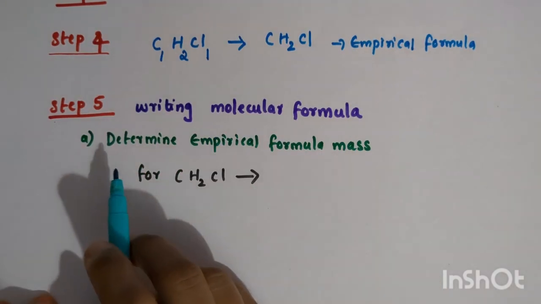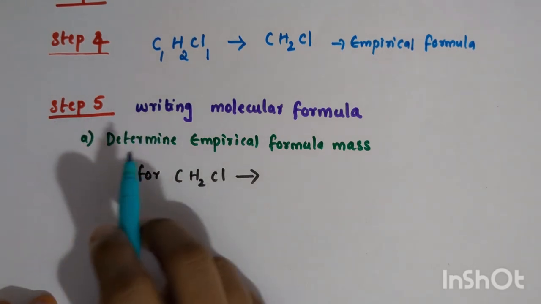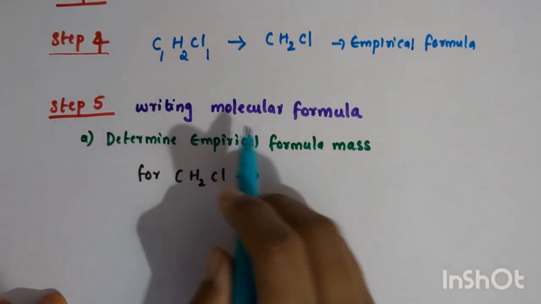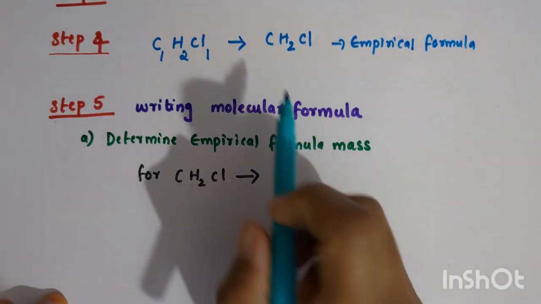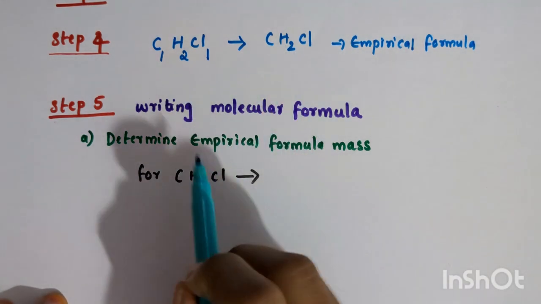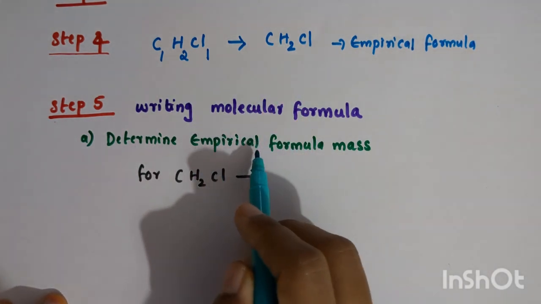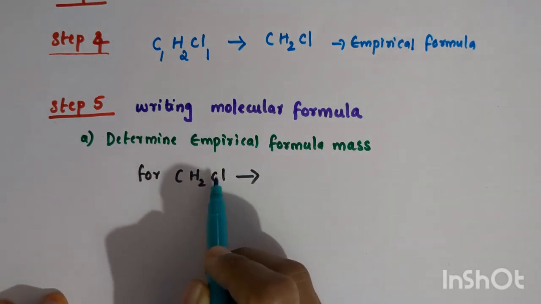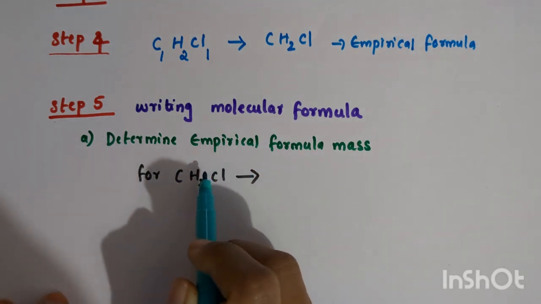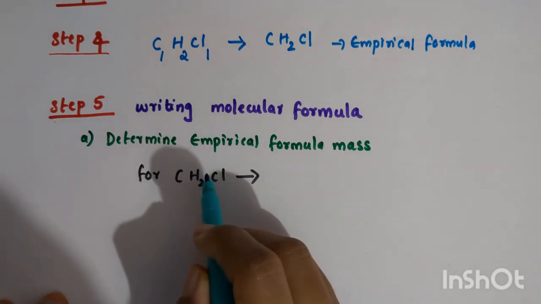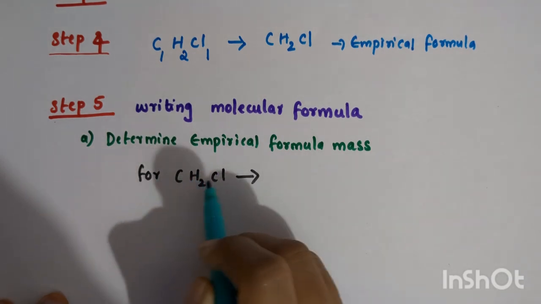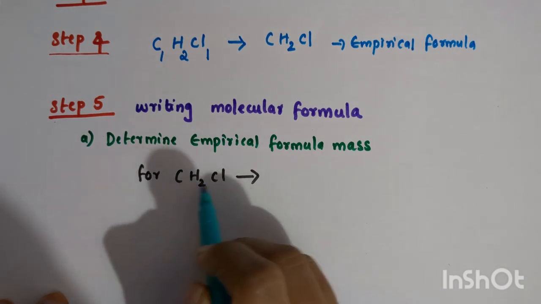Now in step 5, we are going to write the molecular formula. For that, the first step is to determine the empirical formula mass. Empirical formula is CH2Cl. Now how to determine the empirical formula mass? To get the empirical formula mass, we add the atomic masses of the various atoms present in the empirical formula.